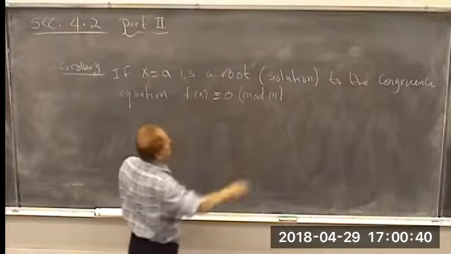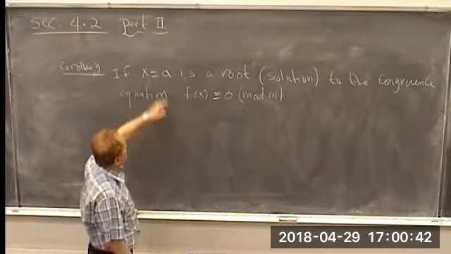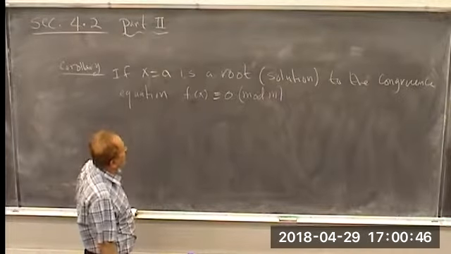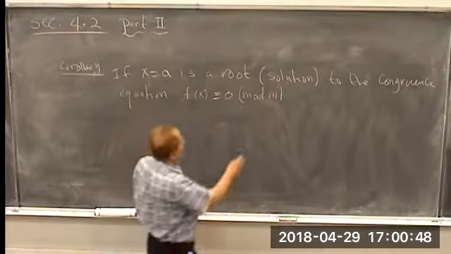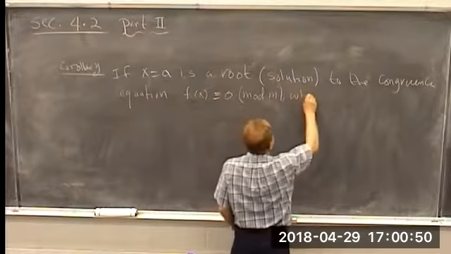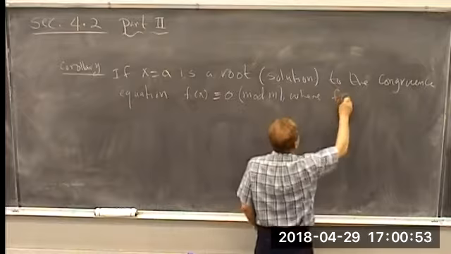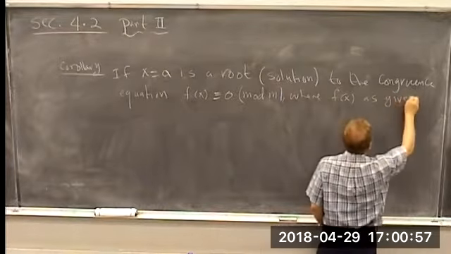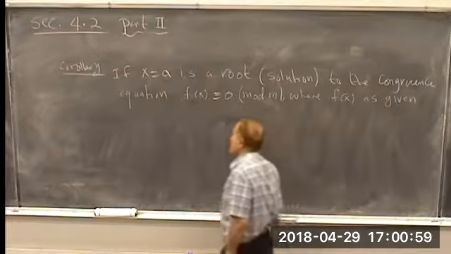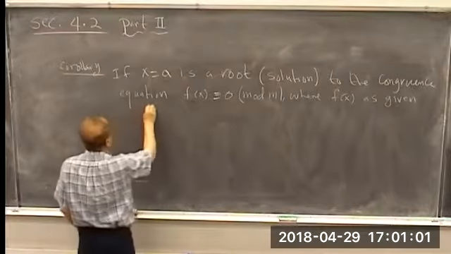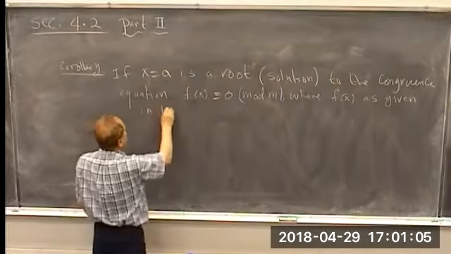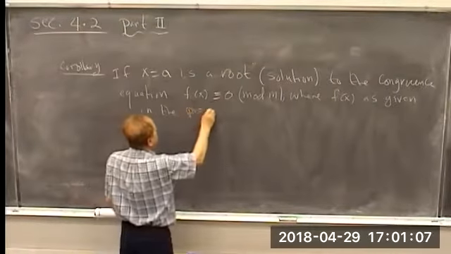If this is a solution for this congruence equation, it means when you substitute x by a, you get the two sides equal, where, of course, f of x is as given in the theorem, a polynomial equation, given in the previous theorem.